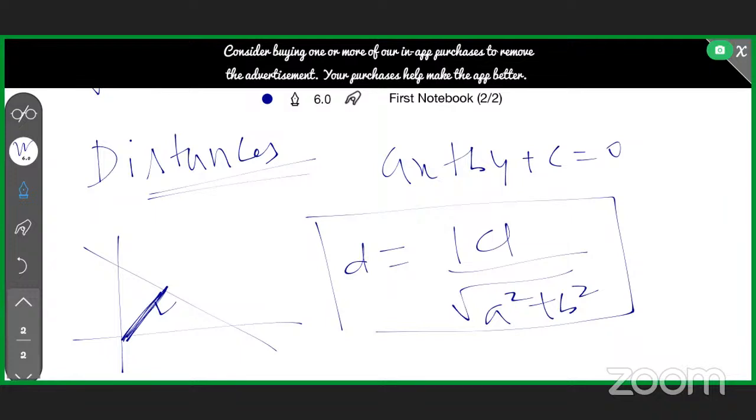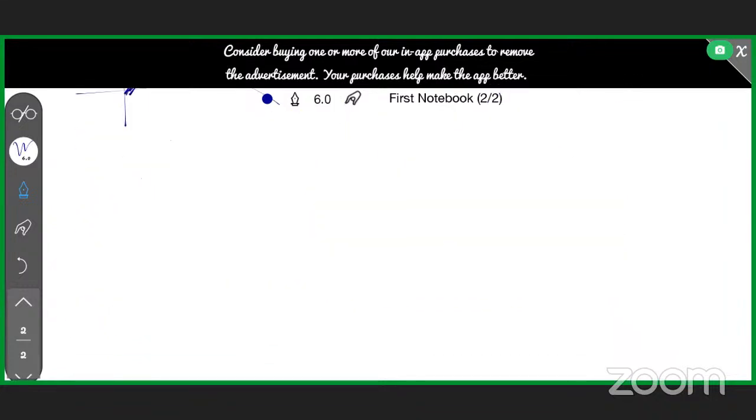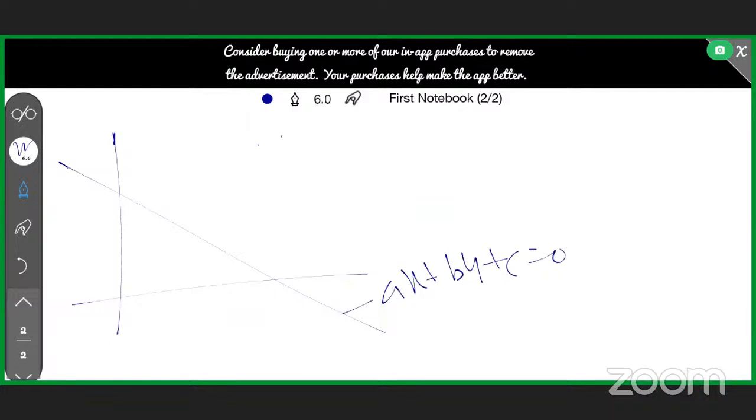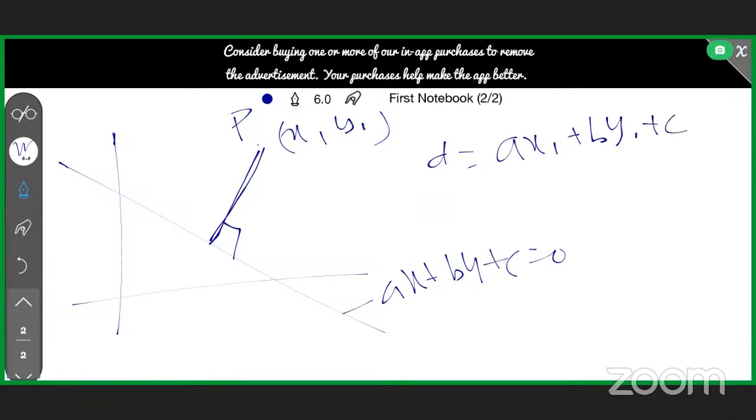Now next is, if ax plus by plus c is equal to 0 is my line equation, and there is some point x1, y1, let us mark it as P. Then the distance of this point to the line, again a perpendicular distance, is given by d is equal to mod of ax1 plus by1 plus c divided by root of a square plus b square.